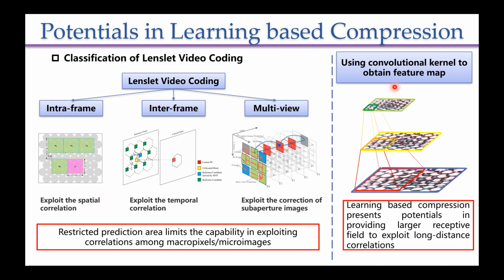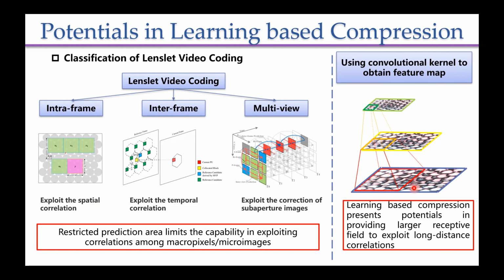If we use an end-to-end architecture, using convolutional kernels to extract features, it may be possible to have a larger receptive field to exploit the long-distance correlation in such lenslet structure.